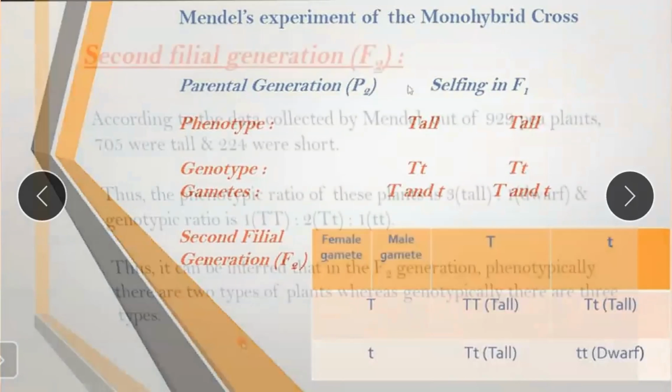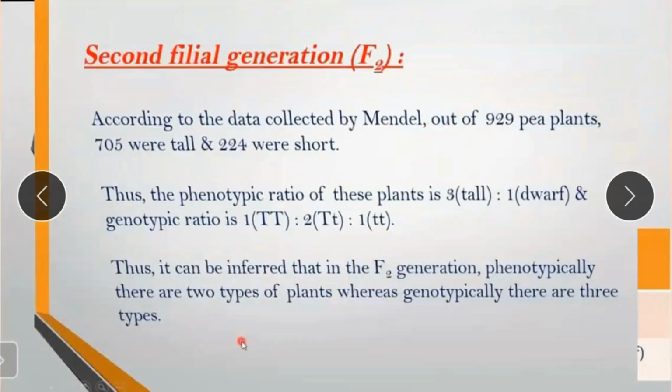So from this, what you understand, that in the second filial generation, according to the data collected by Mendel, out of 929 pea plants, 705 were tall and 224 plants were short. So whose phenotype is greater? Taller plants. Yes or no? Yes. So thus the phenotypic ratio of this plant is 3:1.